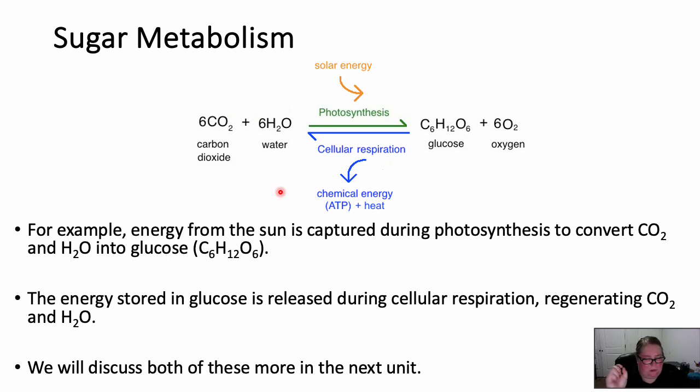You can think of 1 NADPH as equal to 3 ATP molecules energy-wise. So we're going to not only take 18 ATP molecules, we're going to use about 12 NADPH molecules, which is going to put all the energy into that molecule of glucose that's being made in photosynthesis. This is why sugars are really great sources of energy. We can break them down into all that energy that we put into them.